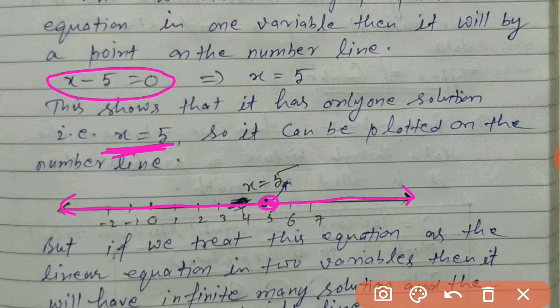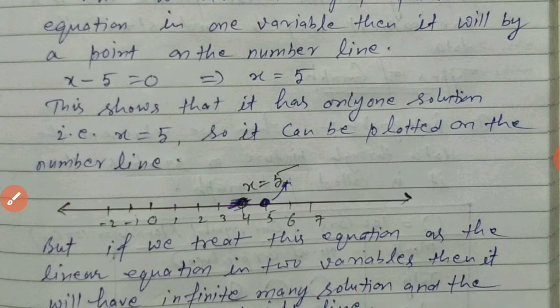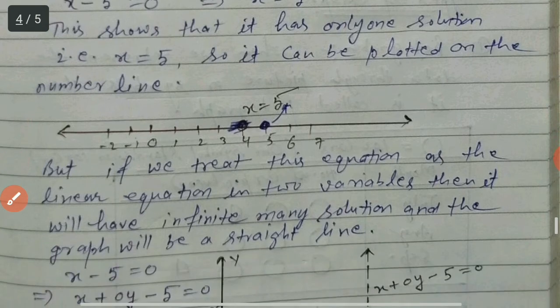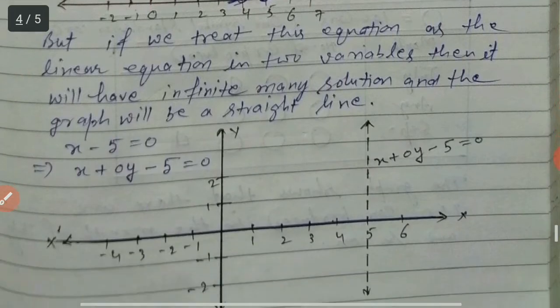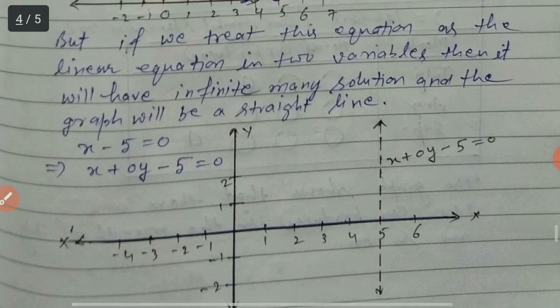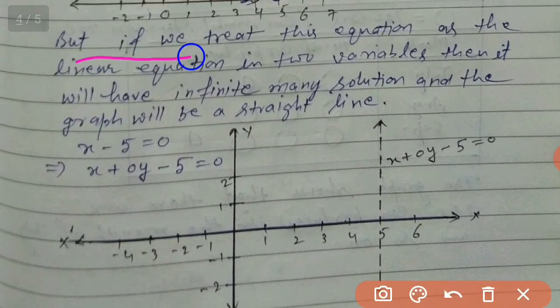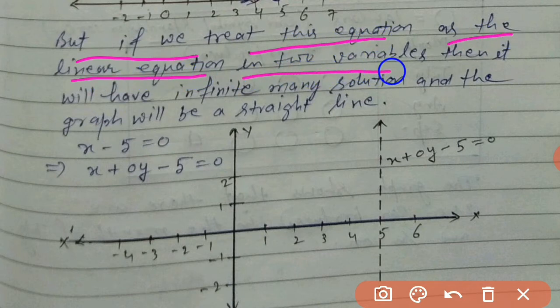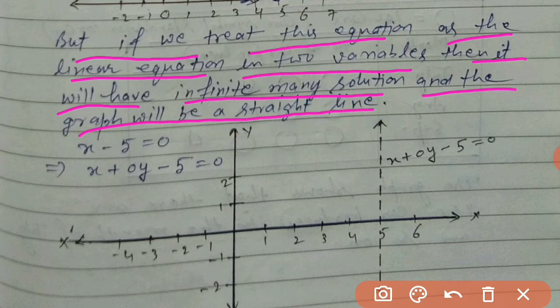But if we draw the same graph on the Cartesian plane, that is in two variables, then we will get it like this. If we treat this equation as a linear equation in two variables, then it will have infinitely many solutions and the graph will be a straight line.